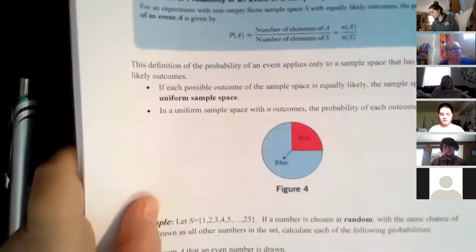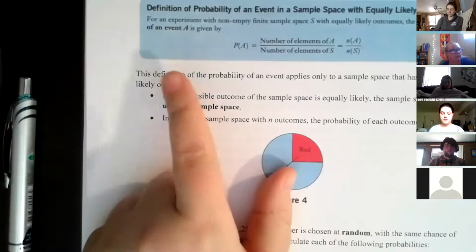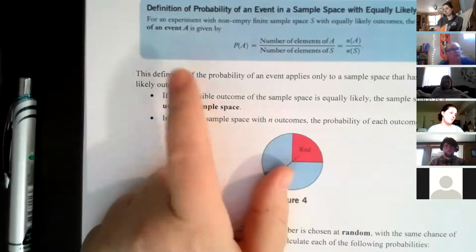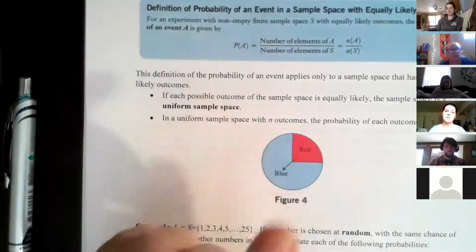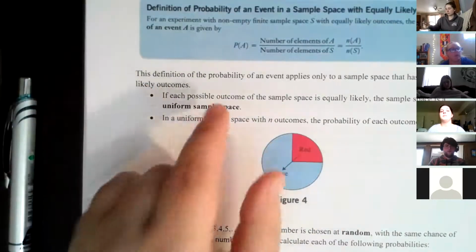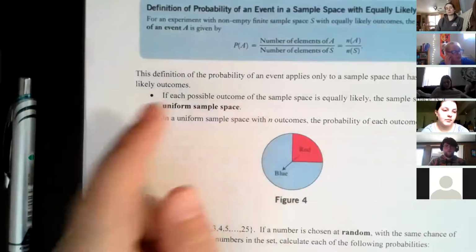I think let's look at this picture and then we'll call it quits for the day. So we can also look at this being where every event has an equal opportunity of being successful. And if that's true, then we would have what's called a uniform sample space.